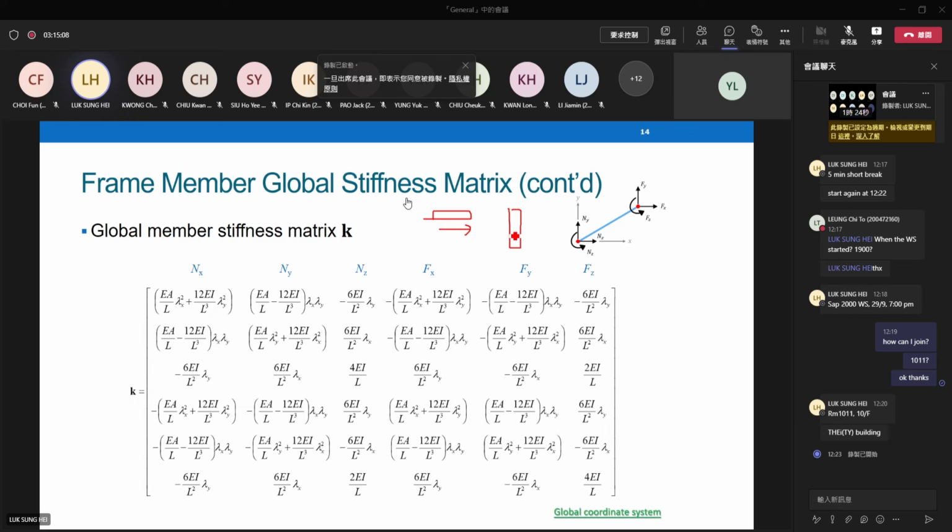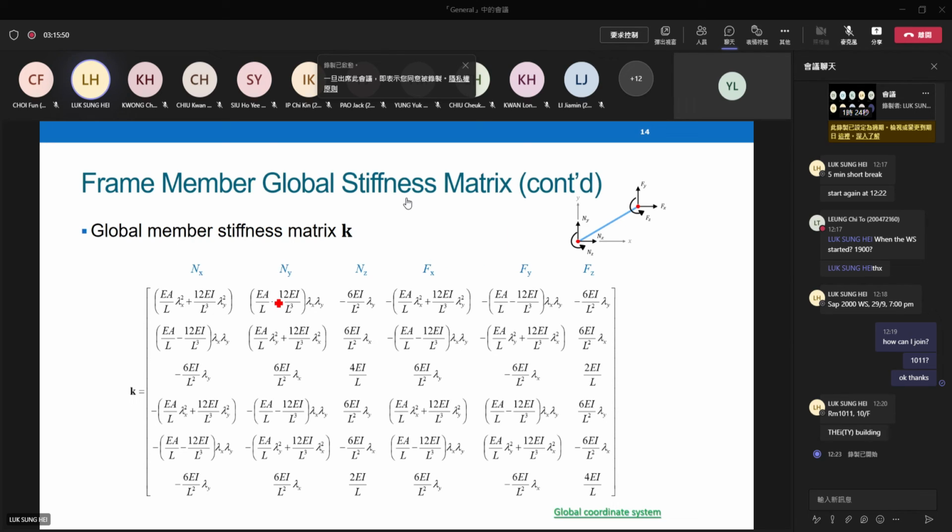Because for a horizontal member pointing from left to right, lambda x is equal to 1 and lambda y is equal to 0. If you put 1, 0 back into the equation, you can see there are many 0 terms. Similarly, for a vertical member, lambda x is 0 and lambda y is 1, and you can see many 0s in the element matrix. I hope this helps you simplify the problem a little bit.